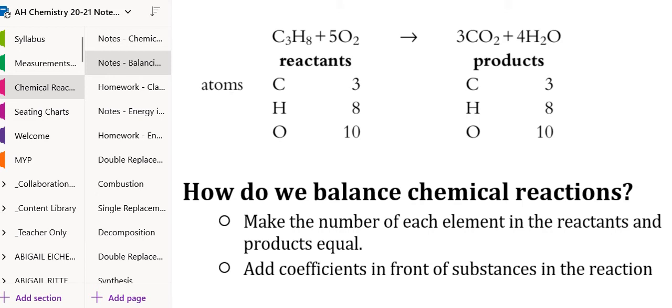This is the reaction for the combustion of propane. So if we look at this, how many carbon atoms are there in my reactants right now? 3. How many carbons in my products? 3. It's got a, what is this big number out in front called? Coefficient of 3, and then a subscript assumed to be what?